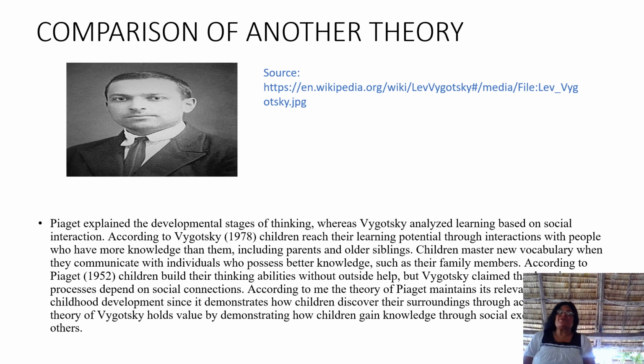Comparison with another theory. Piaget explained developmental stages of thinking, whereas Vygotsky analyzed learning based on social interaction. According to Vygotsky, 1978, children reach their learning potential through interactions with people who have more knowledge than them, including parents and older siblings.